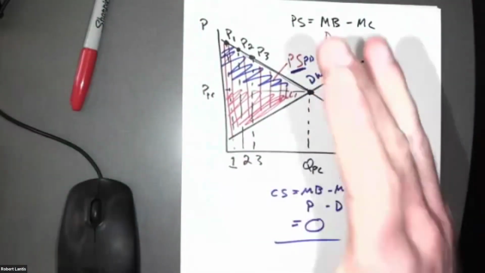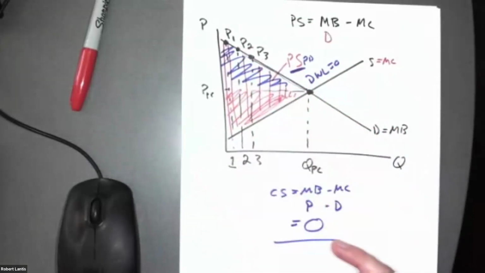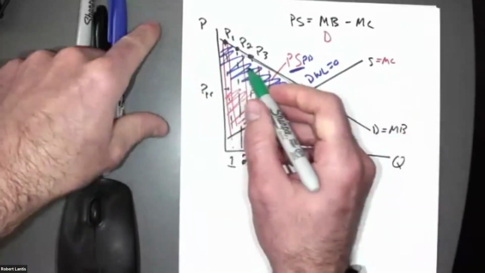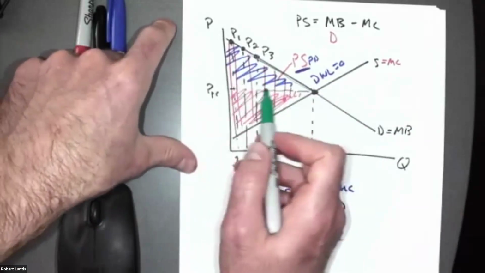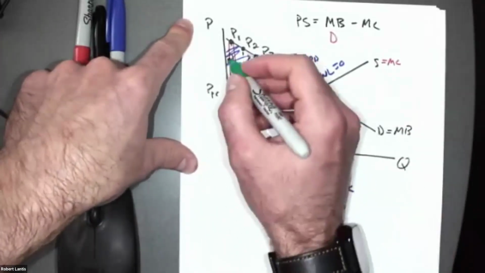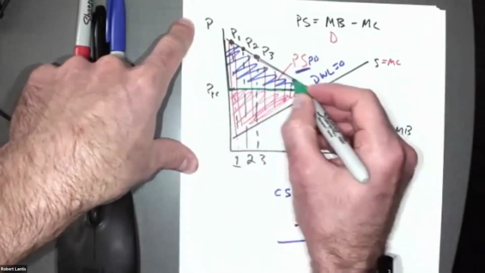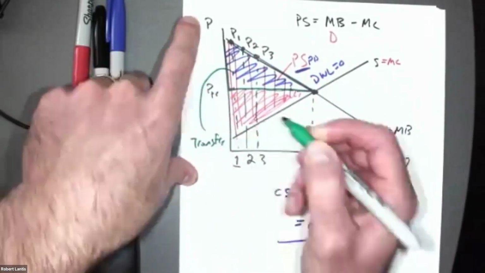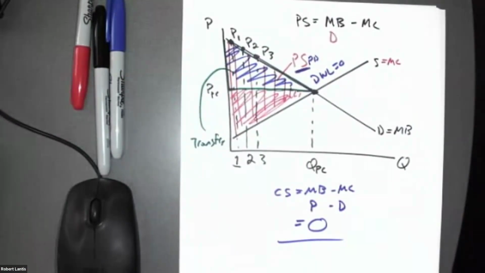The only problem is, even though there's no deadweight loss, all of consumer surplus is gone and it's been transferred over. So this blue area used to be consumer surplus. Now that's red, so now it's producer. This triangle here represents a transfer of surplus from consumers to producers if the producers are able to perfectly price discriminate.